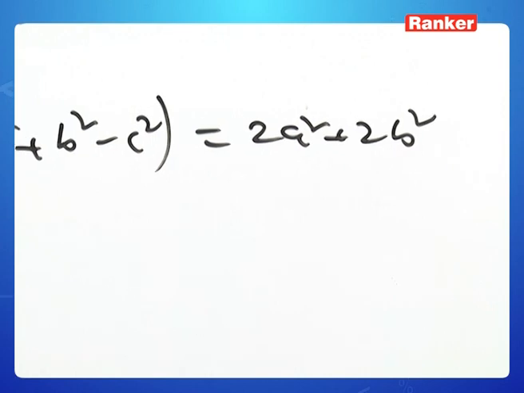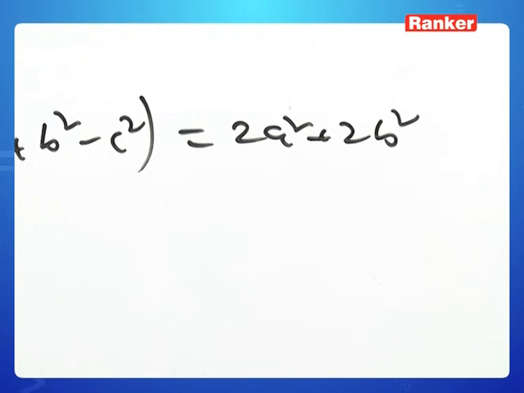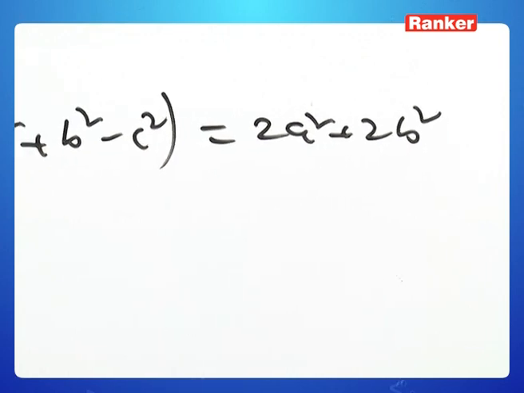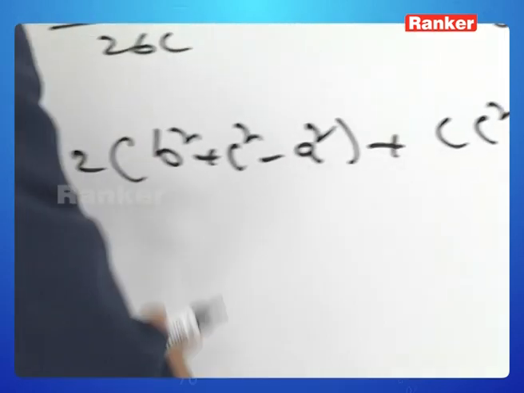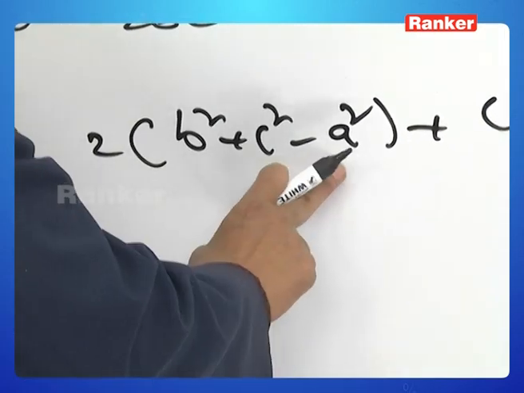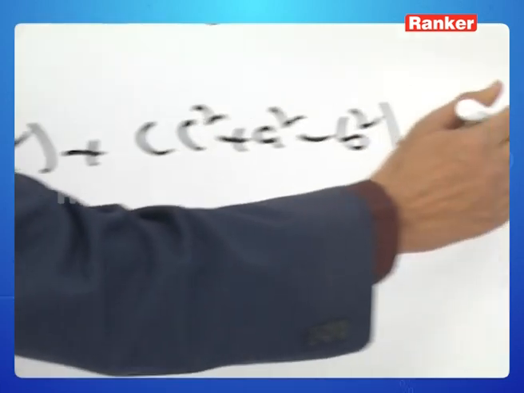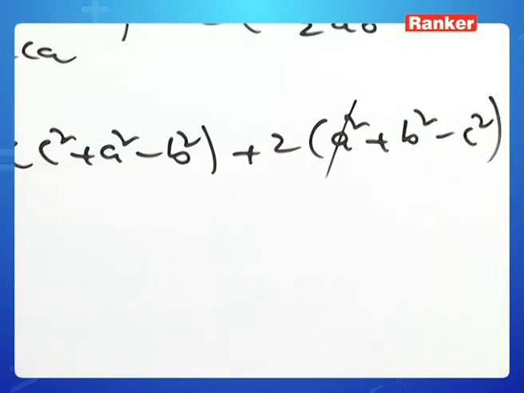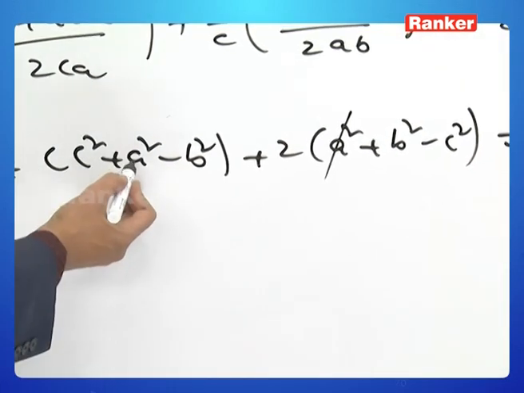Let us gather the terms. First of all, a squares. How many a squares are there? This is minus 2a square plus 2a square, can be cancelled. Any more a squares? One a square remains.